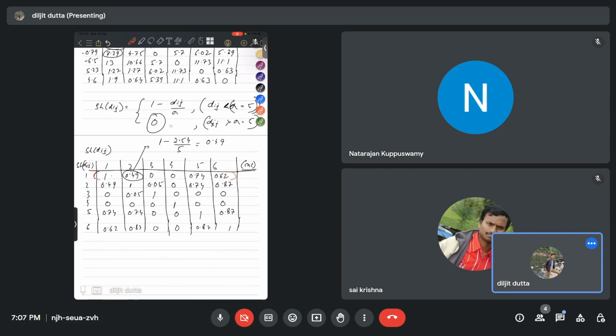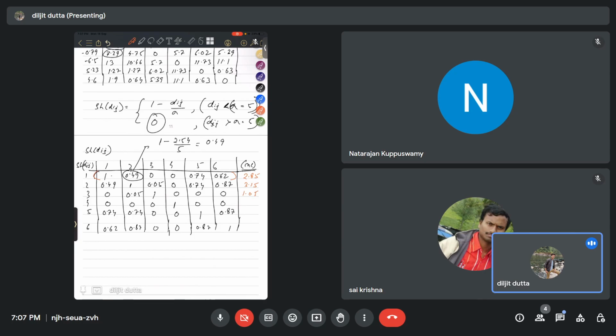1 plus 0.49 plus 0.74 plus 0.62, becoming 2.85. For the second, 1 plus 0.49 plus 0.05 plus 0.74 plus 0.87. For the third row, 1.05.